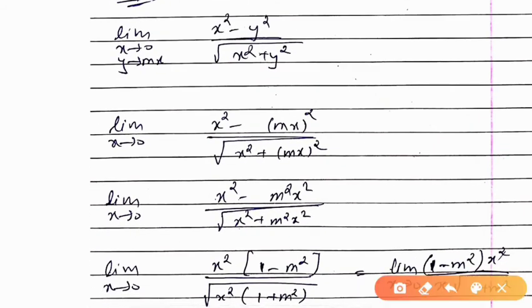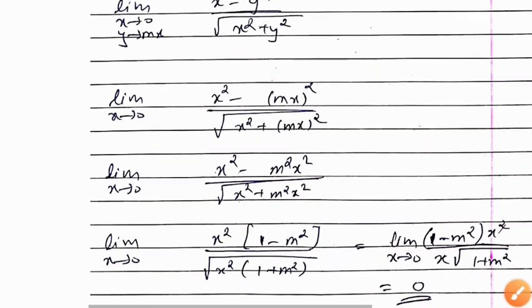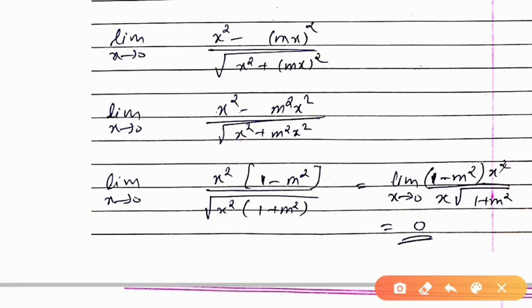So the next step is limit x tends to 0, y tends to mx. First I will put y equal to mx in this equation. Here I have substituted y equal to mx, and in the next step I have simplified. mx whole square can be written as m square x square, same way in the denominator. Now here I have taken x square common, so I am left with 1 minus m square. Same way from the denominator I am taking x square common, so I am left with 1 plus m square.